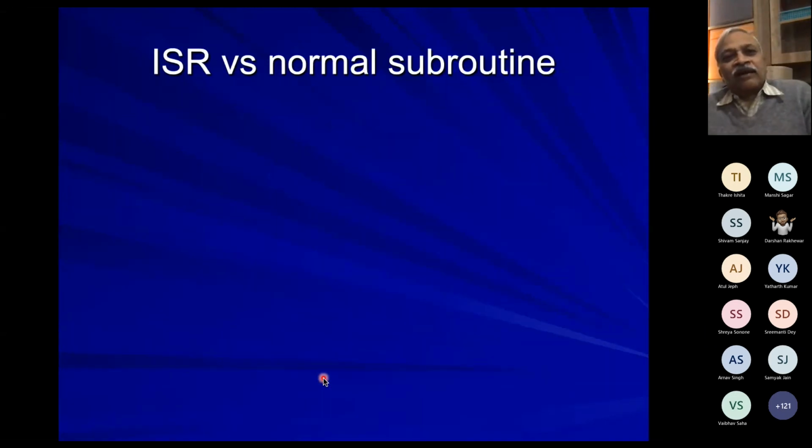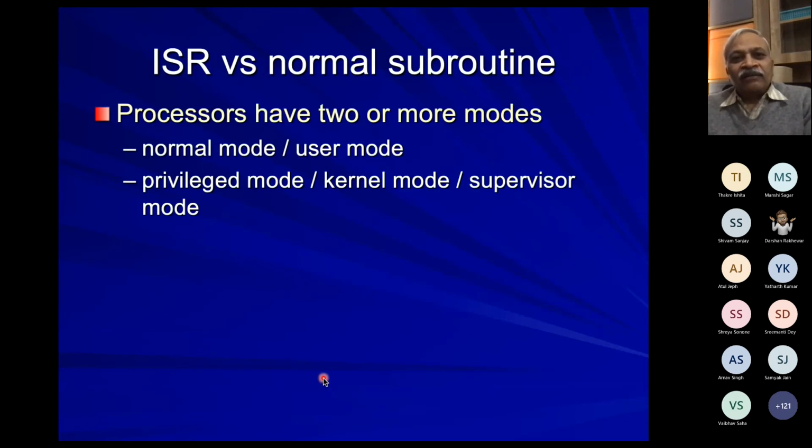So how is an ISR different from a normal subroutine or procedure? A normal subroutine or procedure is invoked by a BL or call instruction. An ISR gets invoked by SWI or some hardware condition. And why do we distinguish between these two? For security reasons, processors have 2 or more modes.